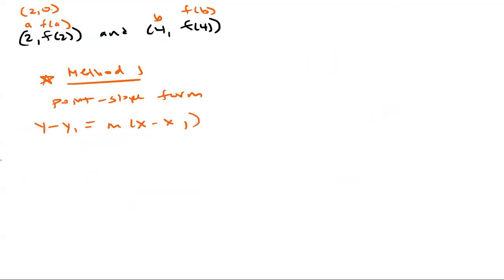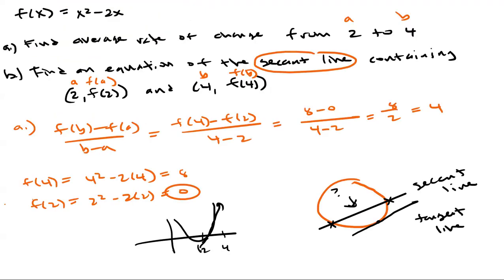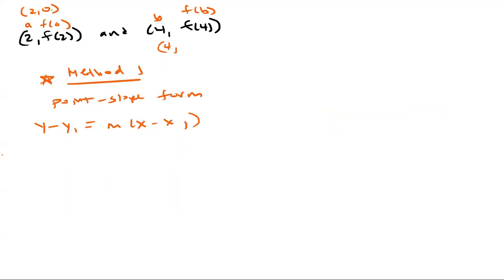So that's one coordinate. And this one here, f of 4, right? So we have 4, f of 4. We found out f of 4 was 8. So f of 4 is 8.